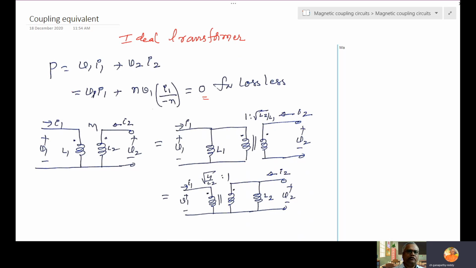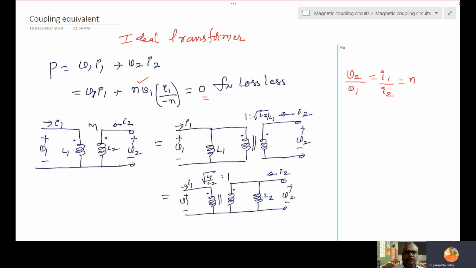So that is the proof. Power in primary is V1 I1. Power dissipated in secondary is V2 I2. So V1 I1 plus V2 I2, what is V2? We know this formula: V2 by V1 is equal to I1 by I2 is equal to N. So what is the V2 value? N into V1.